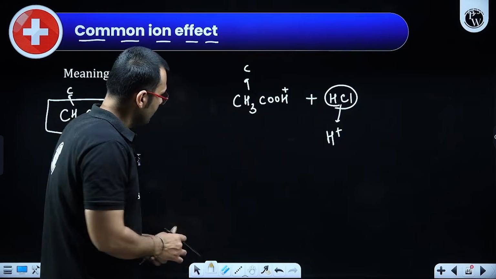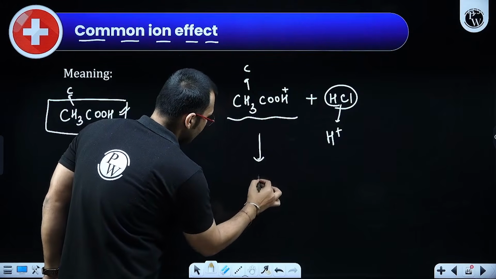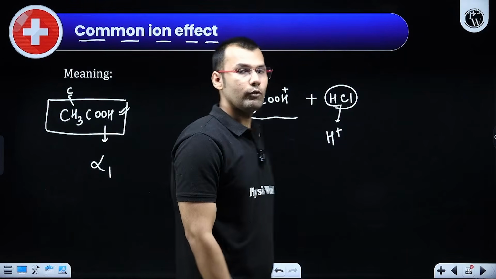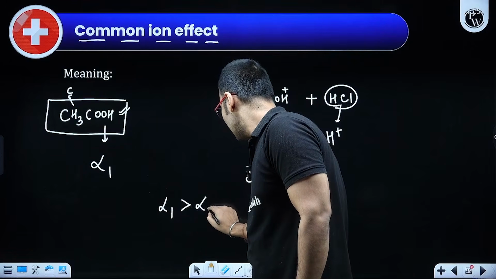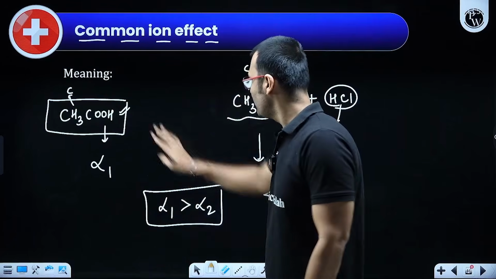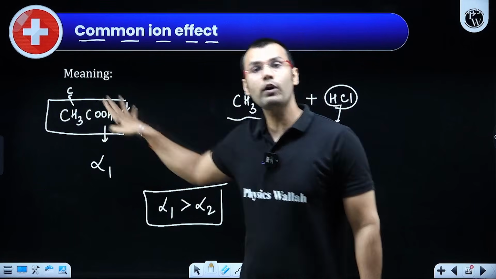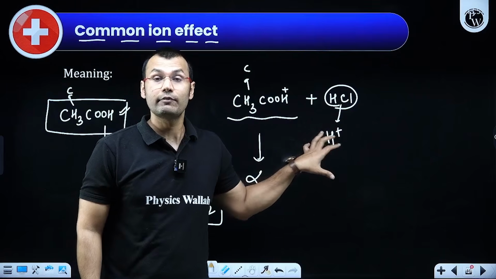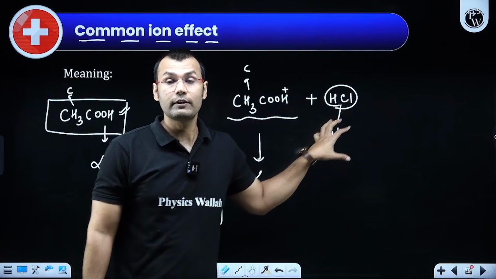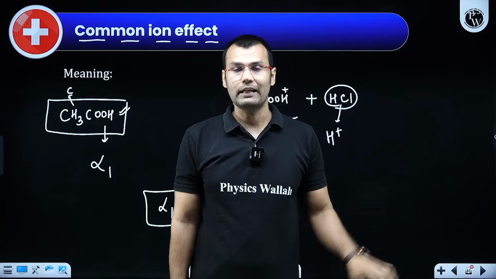Now if I calculate degree of dissociation, it is coming alpha 2. So clearly alpha 1 will be higher than alpha 2. So in the pure state, acetic acid will have more dissociation as compared to when acetic acid is present with HCl, that is with the common ion H plus.